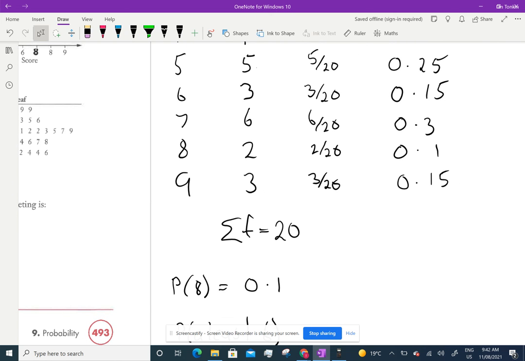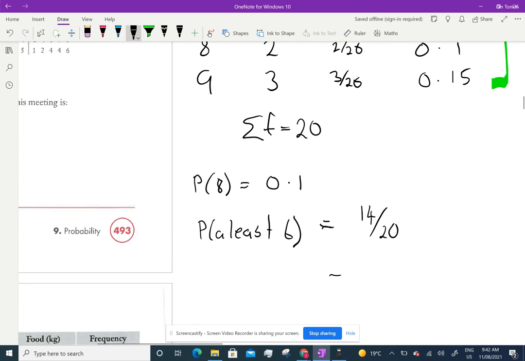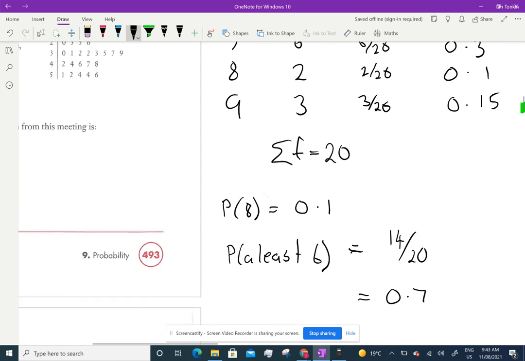So that means you want all of these. So I'm going to do them as a fraction first. I prefer working with fractions. 3 and 6 is 9, plus 5 is 14. So 14 on 20, and that as a decimal, half the top, is 0.7. At least a 6. You could have added up the decimals.